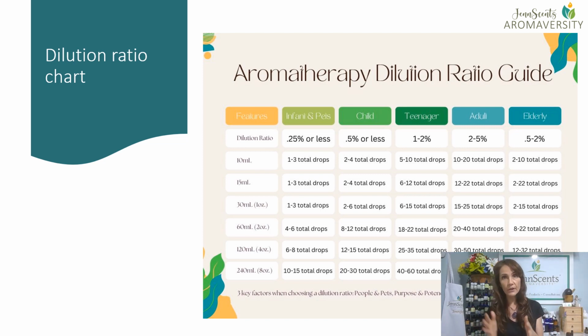As we get older, our bodies can handle more, because when we're younger, our body is still developing. We're not able to metabolize things as well as when we get older. We're more developed when we get into our early 20s. That's our prime, and that's when we can handle more.